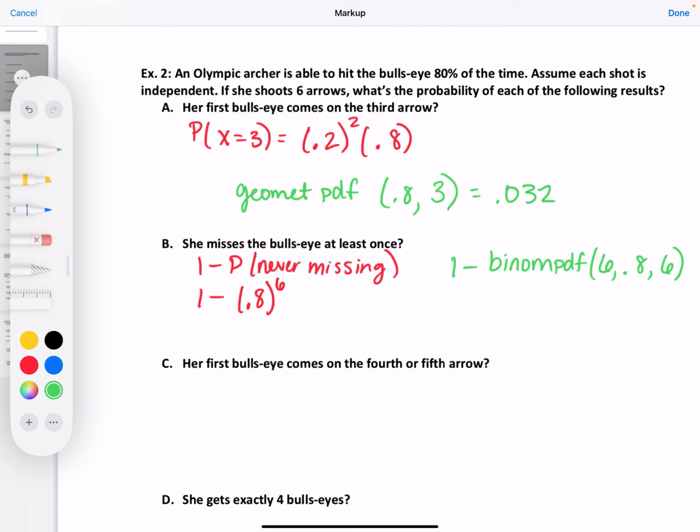You'll see it when you put it up there. But it'll be 6, 0.8, which is the probability, and then 6 again. So if you do 1 minus that, and you get that function the same way you get to the geometric one, then that gives you 1 minus whatever that number is. So you can just type in 1 minus and then go find the function and do it.